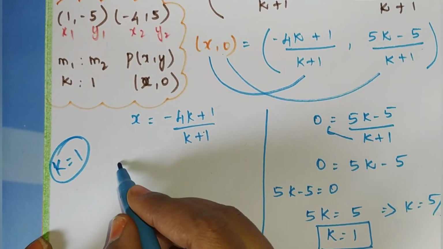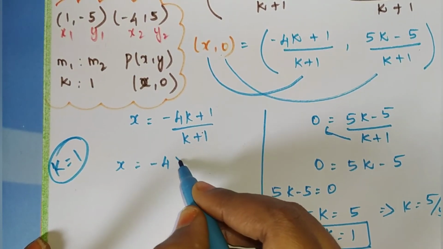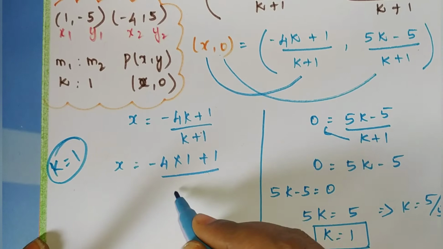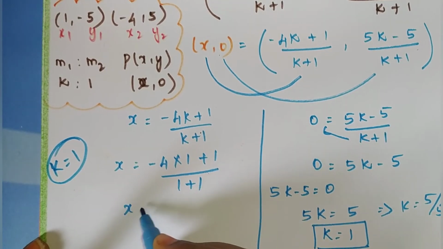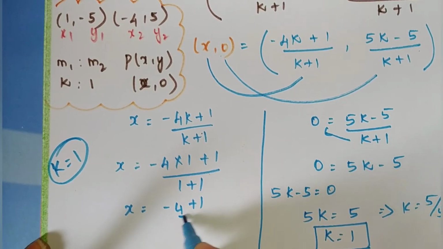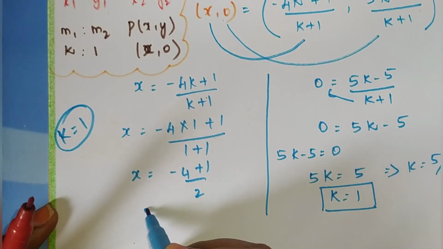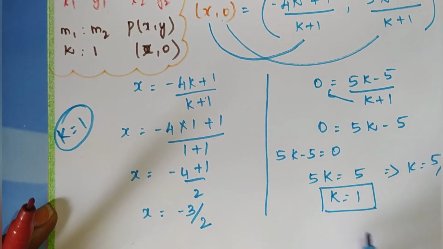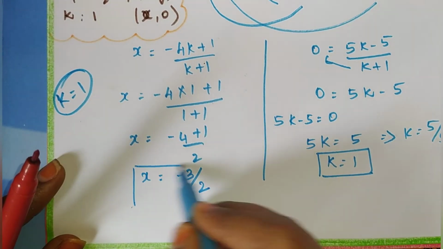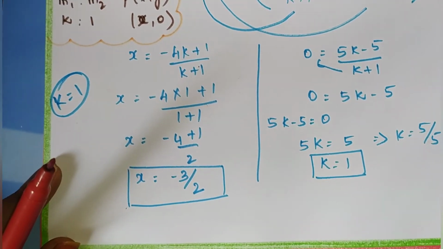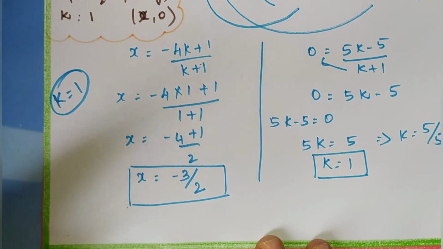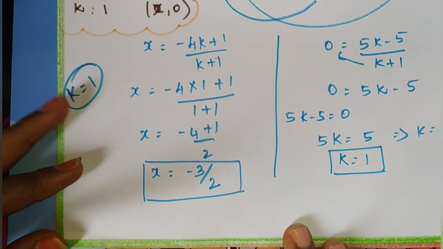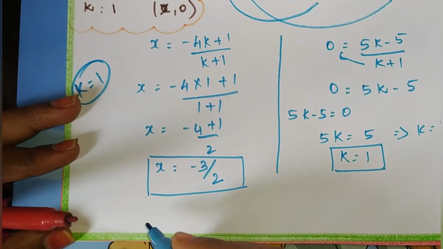Substitute here. x is equal to (-4 into 1 plus 1) divided by (1 plus 1), that is (-4 plus 1) divided by 2, and that is -3 divided by 2. So the value of x is -3 by 2. Clear, children?